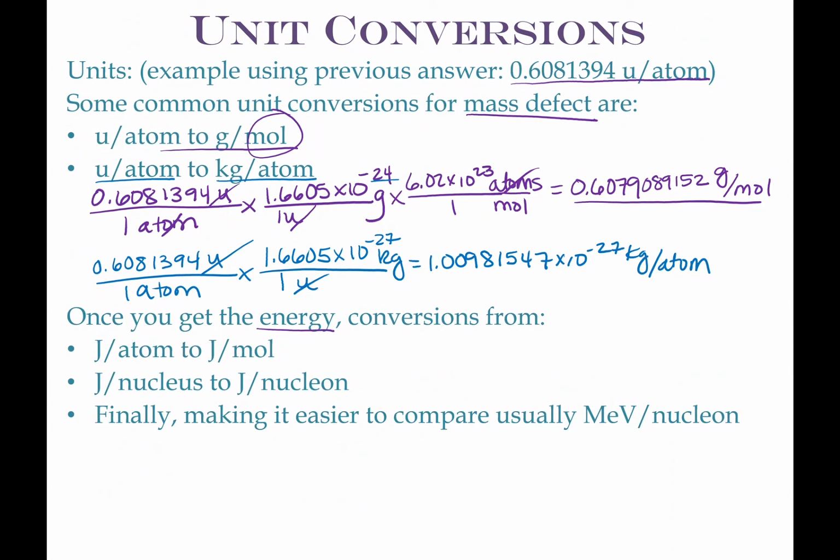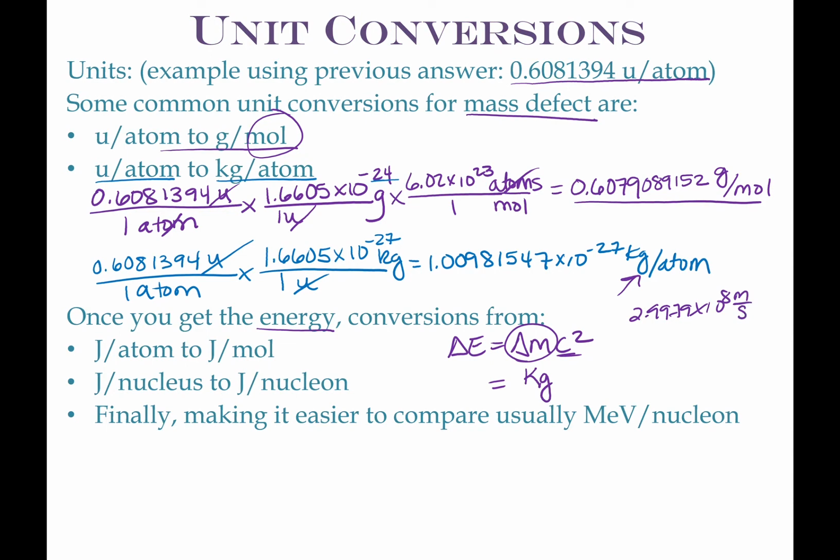So let's just look at the units. If we're going to do the calculation, E is equal to mass defect times C squared, we're going to end up with our mass units here, kilograms. We don't have to be per atom right now. We can actually drop that if we want, but we're going to have kilograms, and C is the speed of light, 2.9979 times 10 to the 8th meters per second.